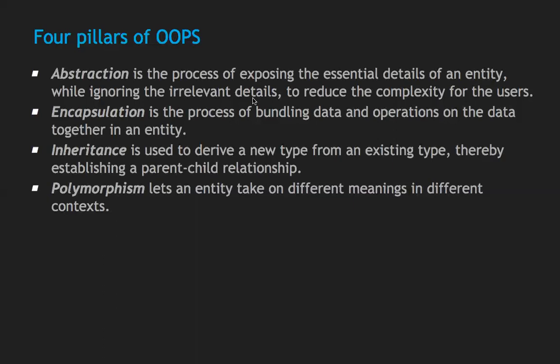Polymorphism is the fourth pillar, last but not least. Polymorphism lets an entity take different meanings in different contexts. Poly means many, many forms, which is taken from the Latin language.